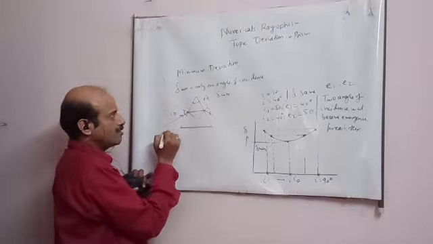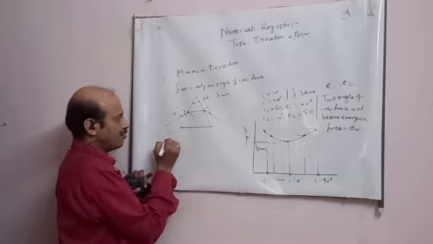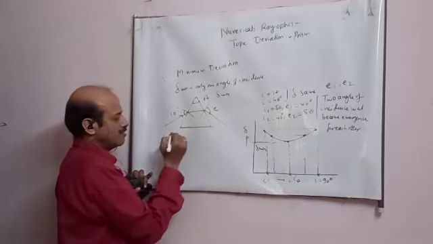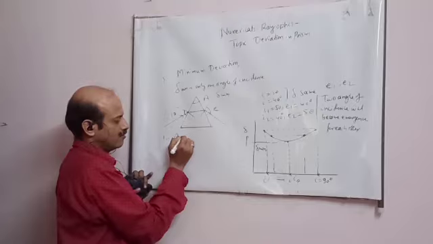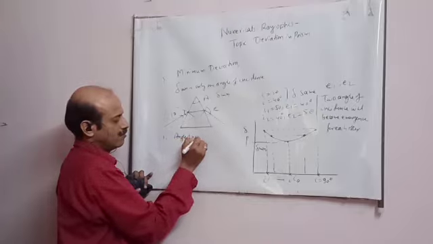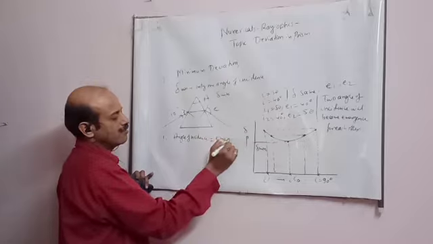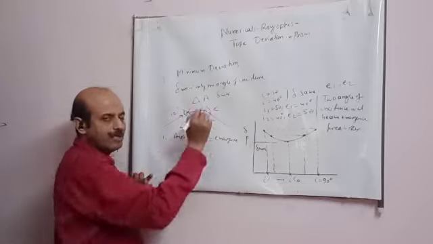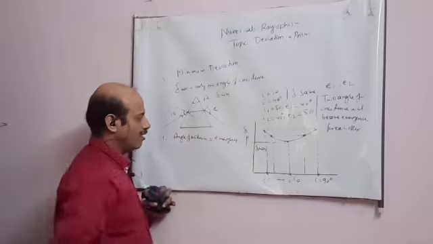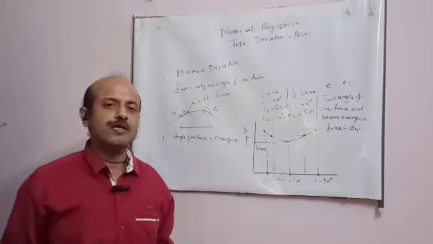So what you have to remember, student, for minimum deviation, the first point is that the angle of incidence is equal to the angle of emergence. When minimum deviation occurs, this relation holds. Angle of incidence is equal to angle of emergence, student.